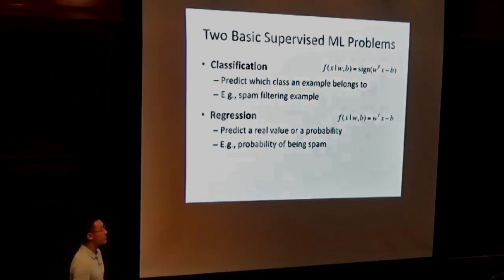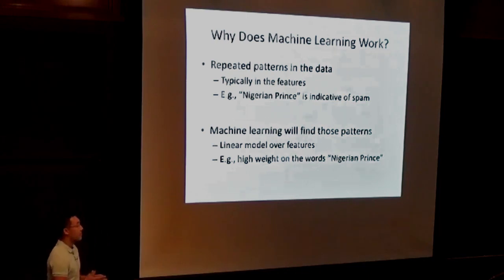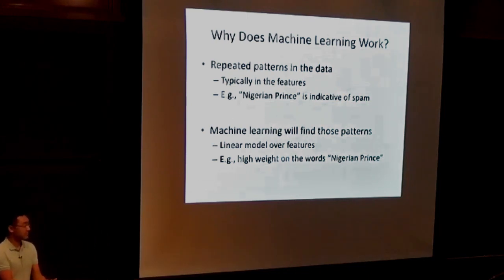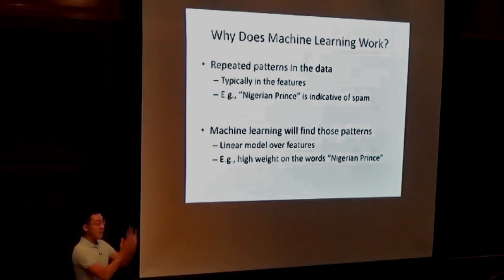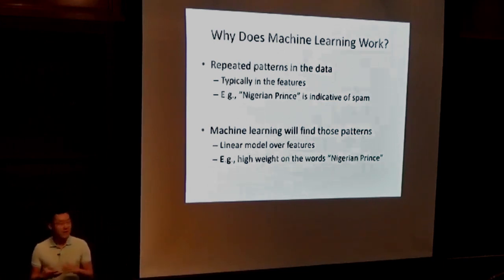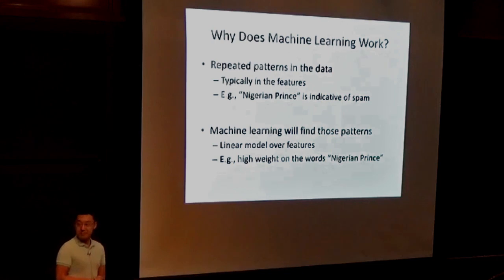Question, yes? Sorry, but going back to the last thing, with using this approach, say the word Nigerian appears separately versus them appearing together. Okay. So the question is, in this specific example, Nigerian prince is a compound word.